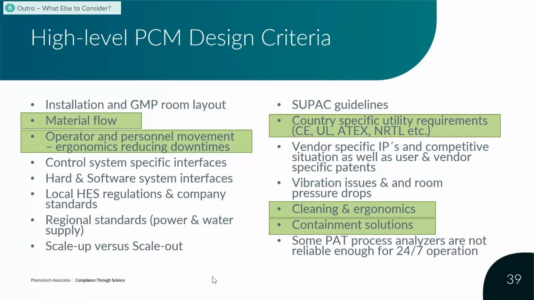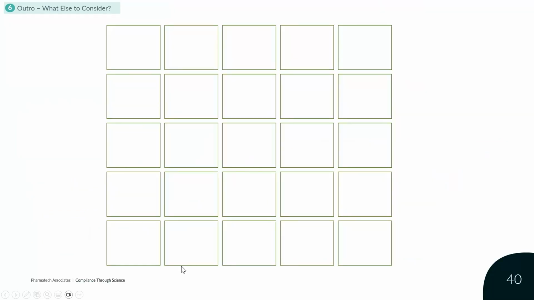It's really possible. And then, last but not least, sometimes headaches come up with country-specific utility requirements. So check if the vendor portfolio you have in mind can entertain these country-specific requirements as well.